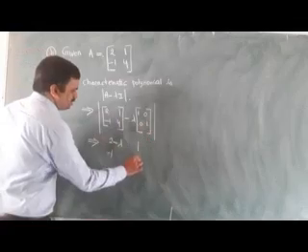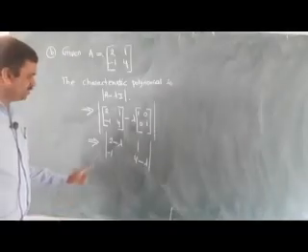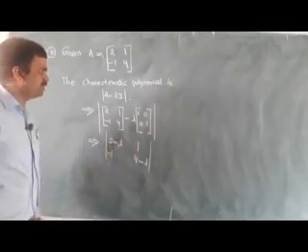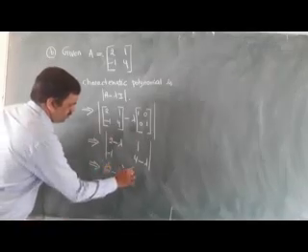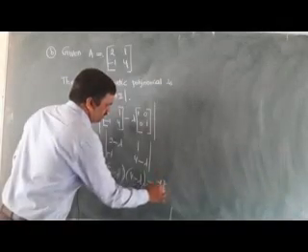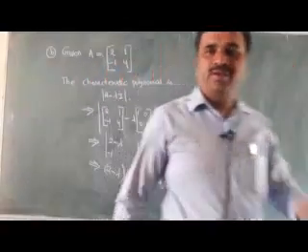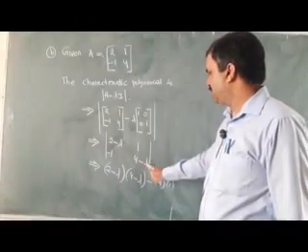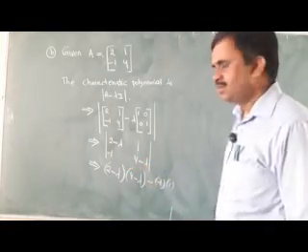For this 2 by 2 matrix, directly AD minus BC: 2 minus lambda times 4 minus lambda, minus minus 1 into 1. Come on, simplify it.